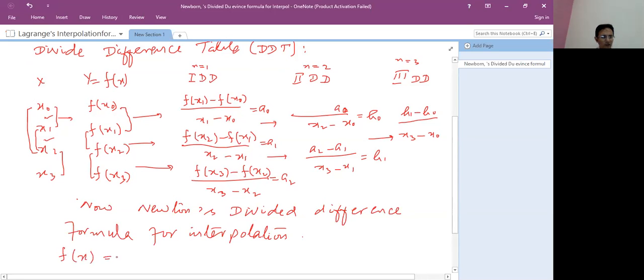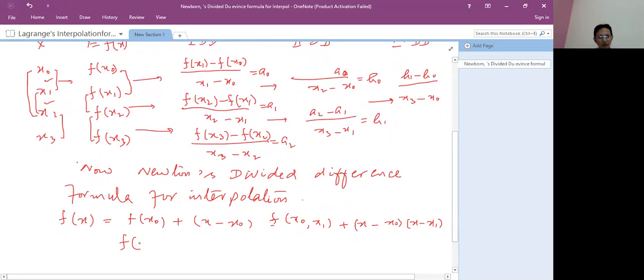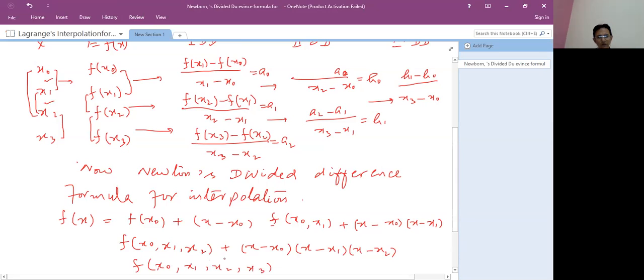The formula is f of x is equal to f of x naught plus x minus x naught into f of x naught x1, plus x minus x naught into x minus x1 into f of x naught x1 x2, plus x minus x naught, x minus x1, x minus x2 into f of x naught x1 x2 x3, plus so on.